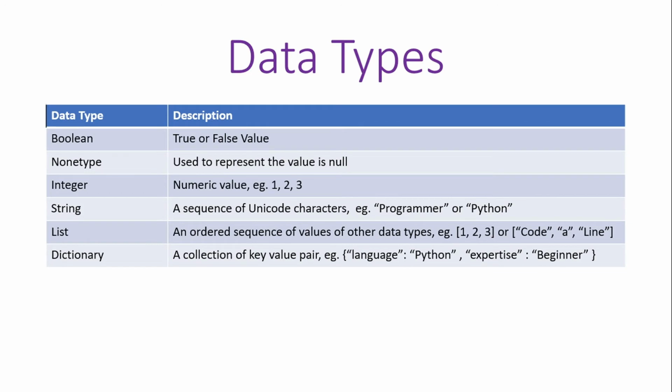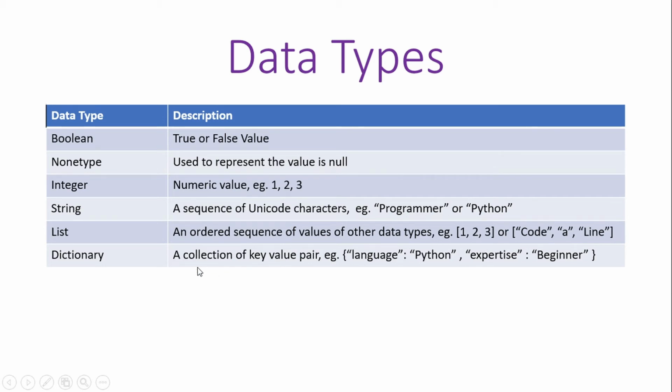Okay, so the next two are lists and dictionaries. Lists are just an ordered sequence of values of any other data type. It can be boolean, it can be integer, it can be another list, it can be a dictionary in a list. Here's an example, in square brackets 1 comma 2 comma 3, that's a list, or a list of strings, that's also a list.